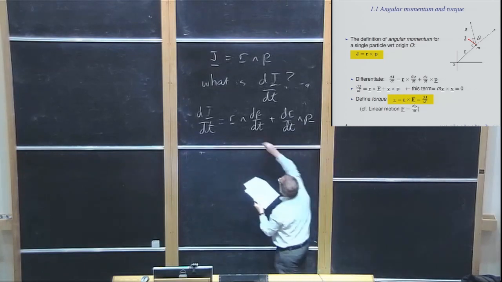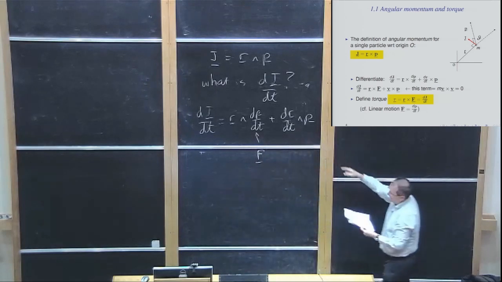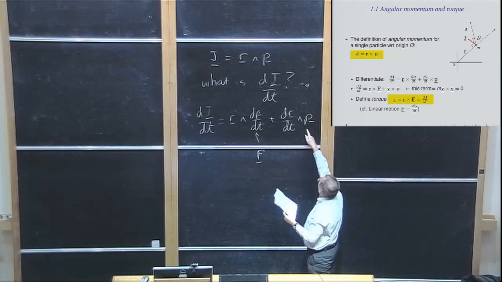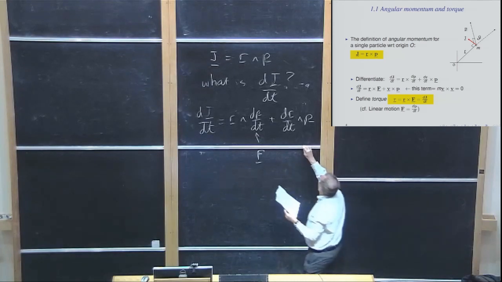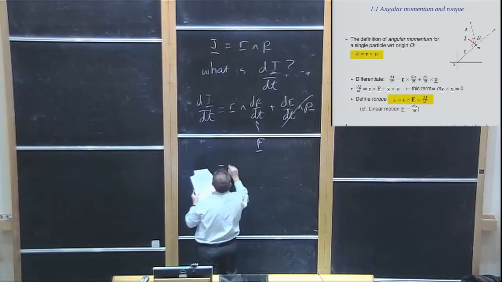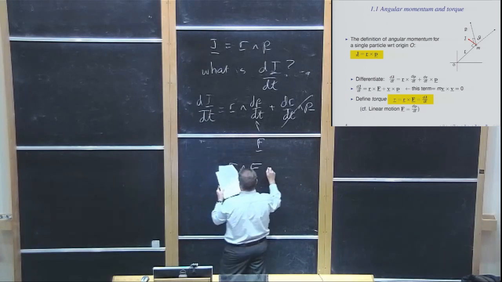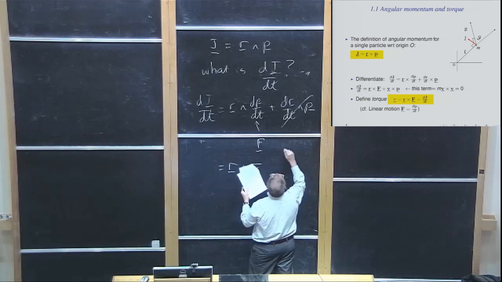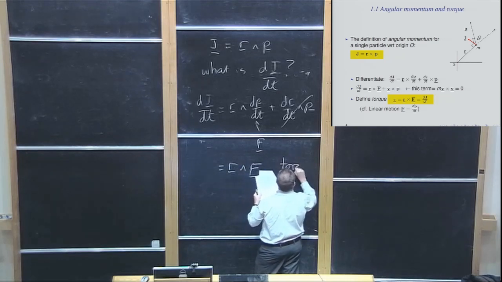Then we look at this term, and because p is in the same direction as r, then this disappears. This is 0. So we end up with r cross force, and this we define as torque.